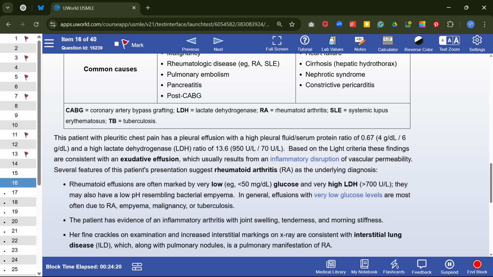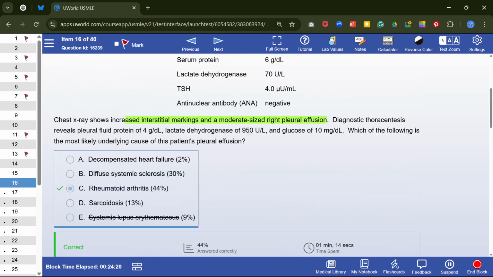Okay, this patient with pleuritic pain has pleural effusion, a high pleural fluid by serum protein ratio of 0.67, and a high LDH ratio, pleural fluid LDH by patient's LDH.